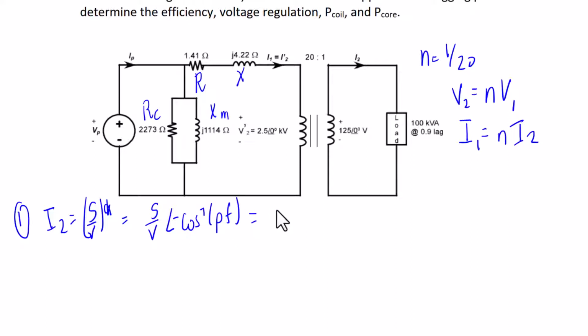So that's going to equal 100K divided by 125, and the angle is negative the arc cosine of 0.9. So the current is 800 with an angle of negative 25.8 degrees.